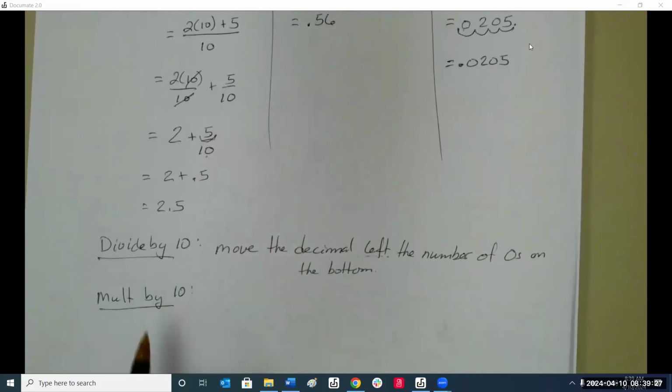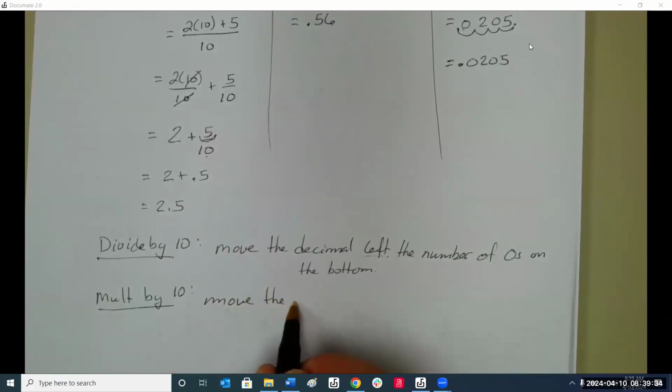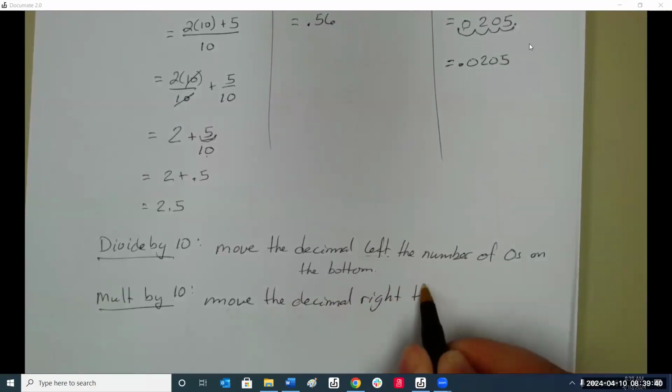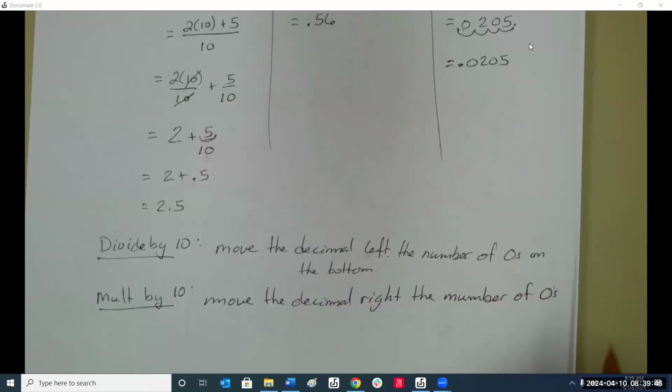What do you do when you multiply by tens? Of zeros.